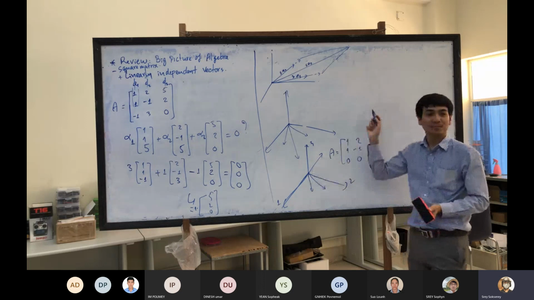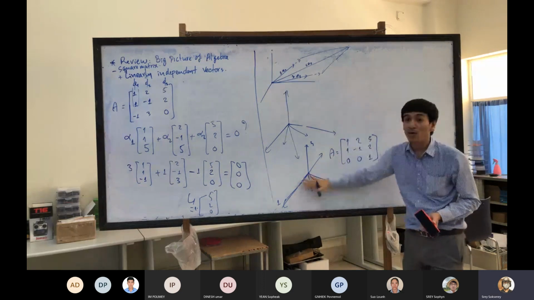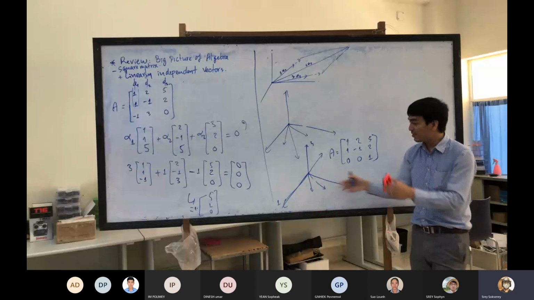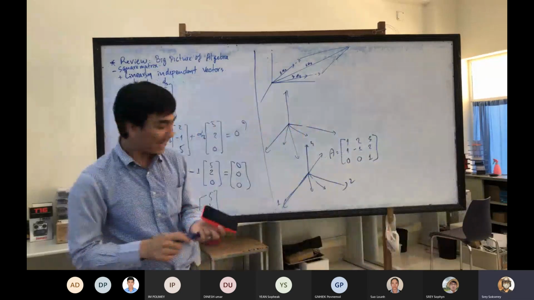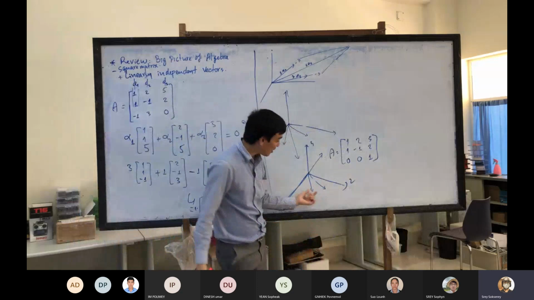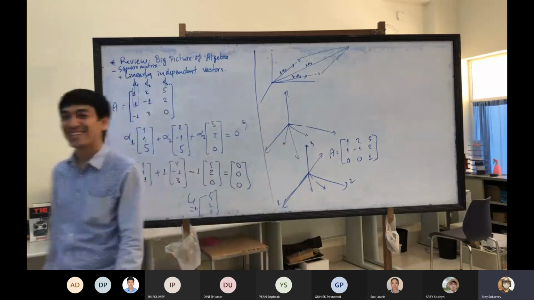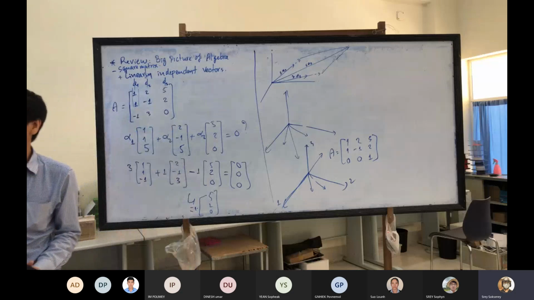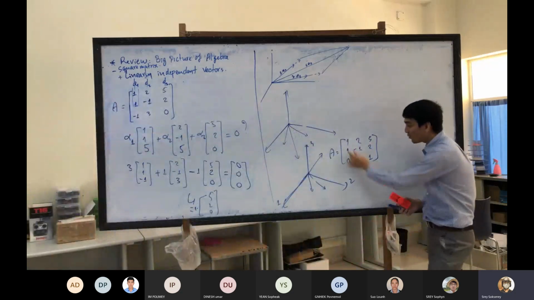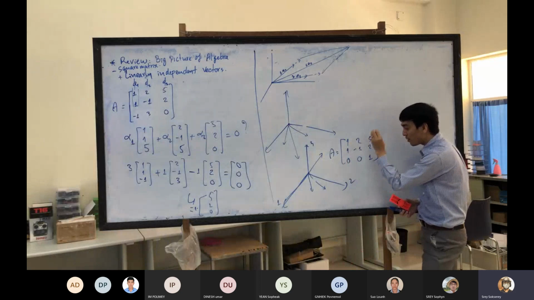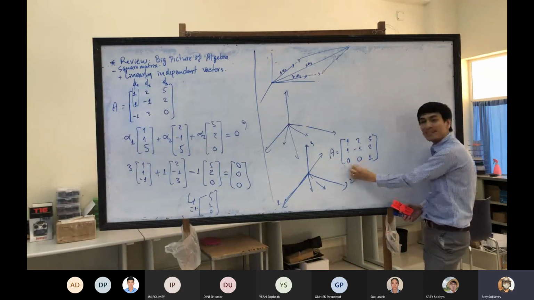So it means it points out of the plane. Can these three vectors produce a volume? Yes. And can you do the linear combination of these two and get this one? No, right? It's not possible. If you combine these two, no matter what number you multiply this by, and another number you multiply this by, when you add up, it still becomes 0 in the third component.